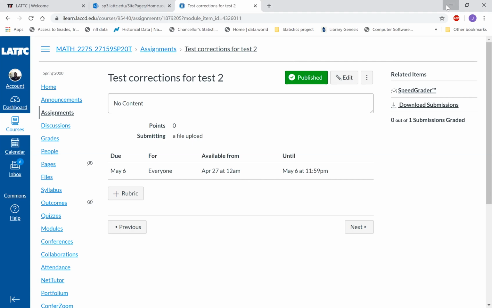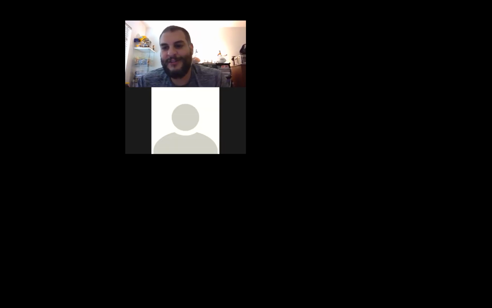So, the way that you're going to submit them, because I know some of you probably don't have a printer: you don't have to print out the test correction form that I gave you. But what I want you to do is use a sheet of paper and keep the same format. Draw the box that says how many points it was out of, how many points you received, and so on and so forth.